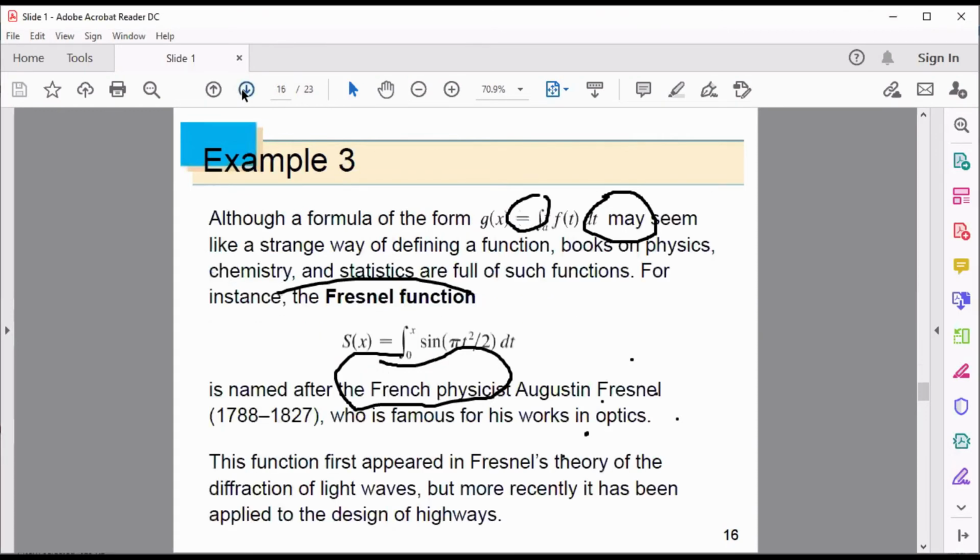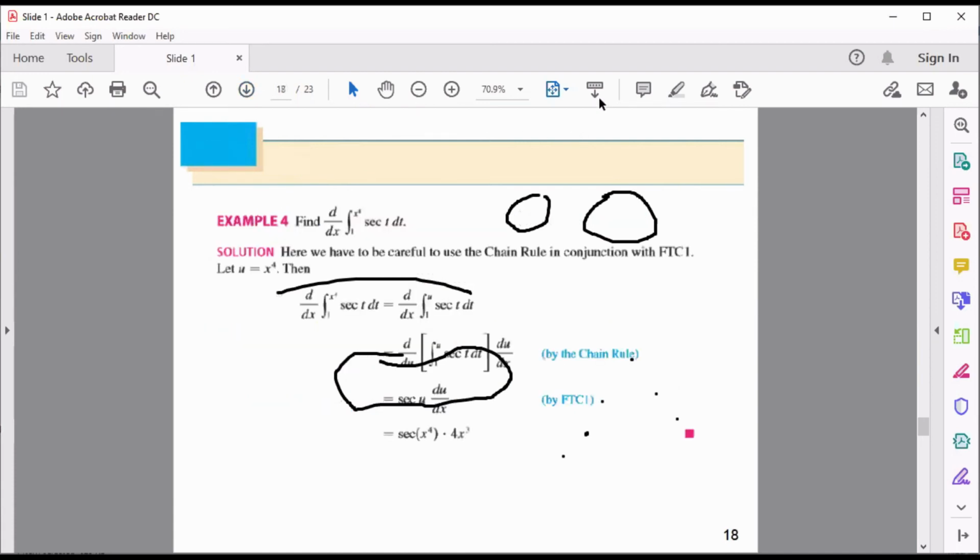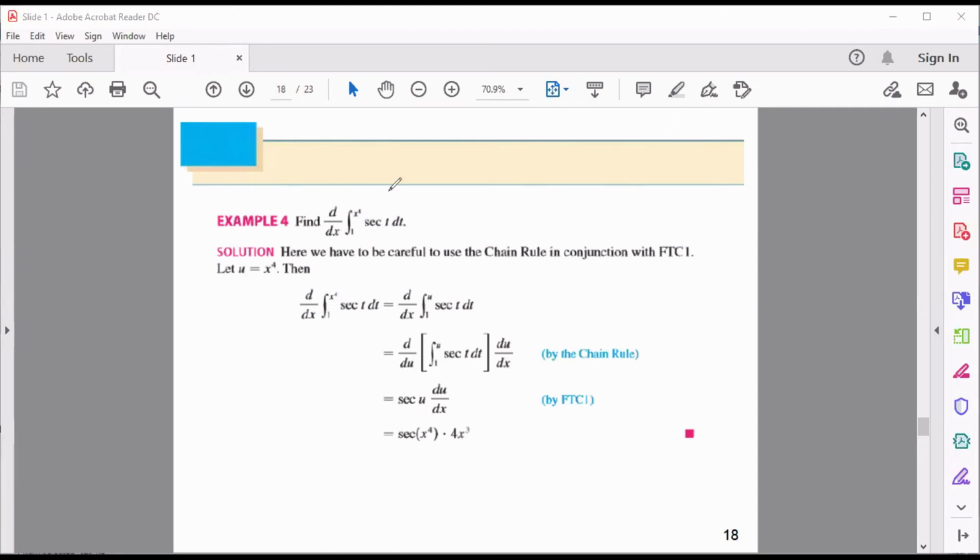This one is not very important, but I'm going to talk about this one. We'll talk about it later with more details. But my question: when instead of x we have x to the 4 here, what is the difference? Here we don't have x, we have x to the 4. Okay, we have the integral between 1 and x to the 4. Be careful, it's not x.